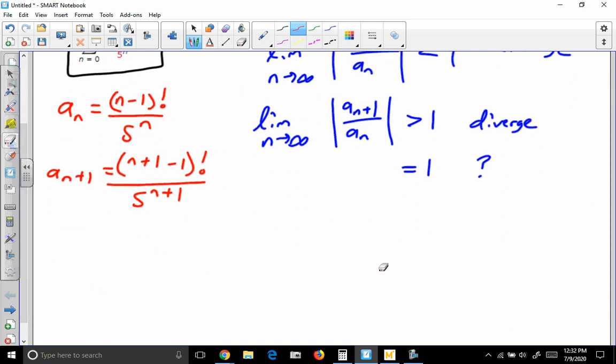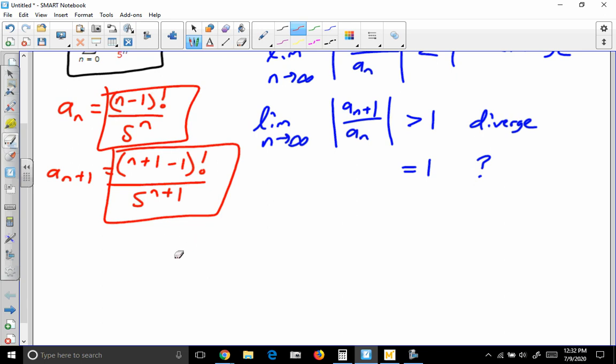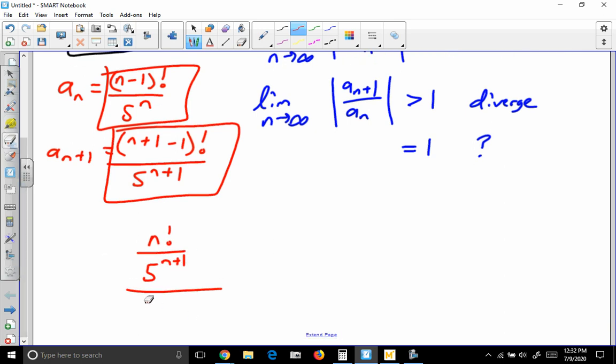And then we're going to divide these. We're going to put this one on top, and we're going to put that one on bottom. So the first one, I'll write it out. We're going to have n factorial over 5 to the n plus 1 divided by n minus 1 factorial over 5 to the n, and we're going to take the limit of that as n goes to infinity.